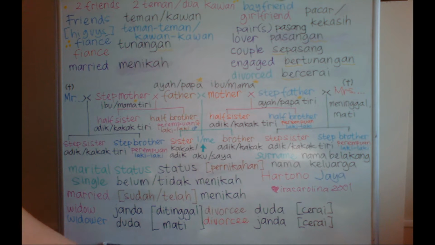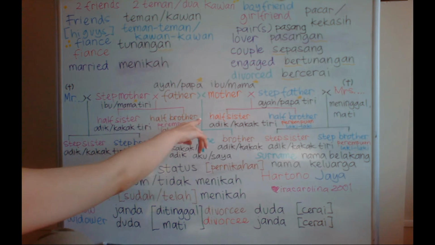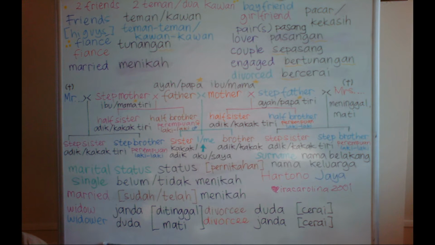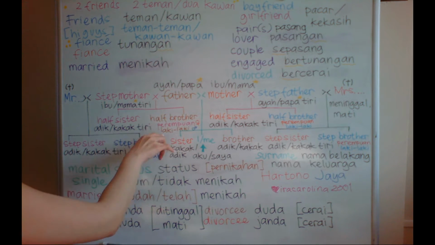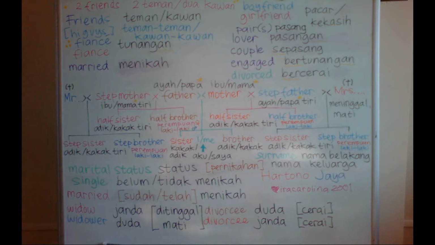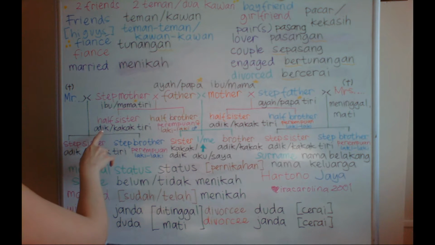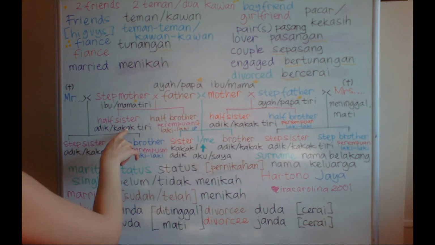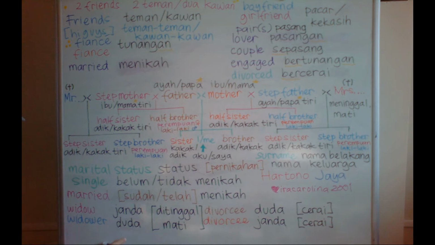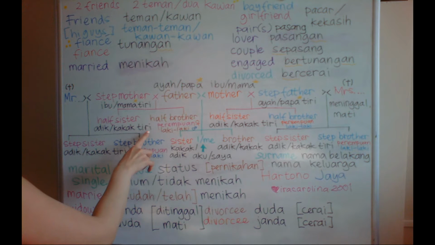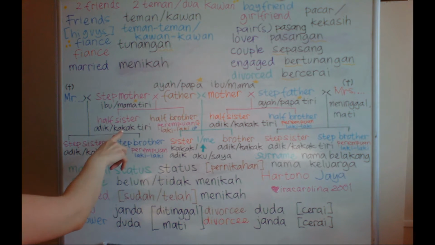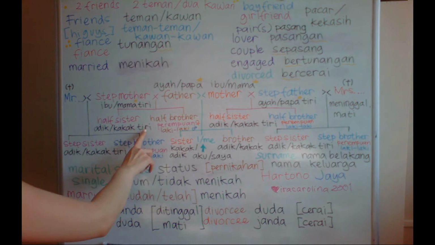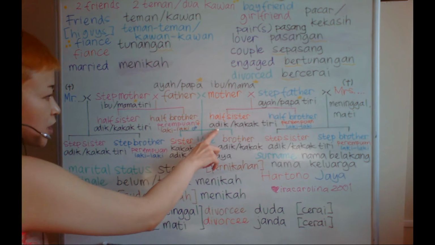My half sister and my half brother. Again, we don't care about the gender. We just say adik for younger or kakak for older. Adik space tiri or kakak space tiri. Same here.